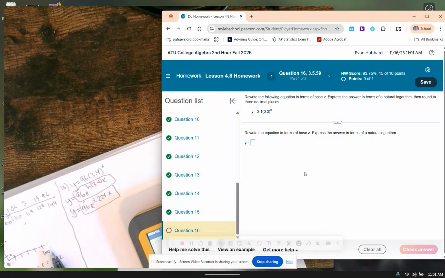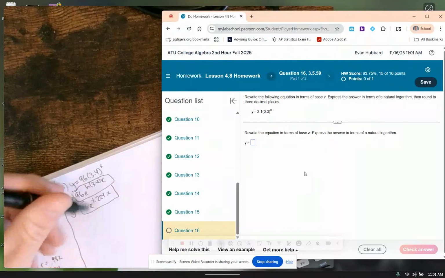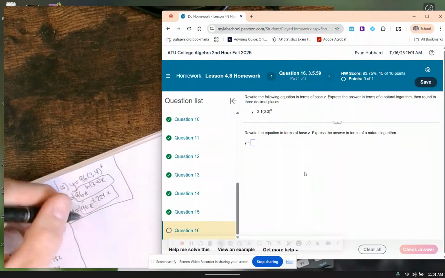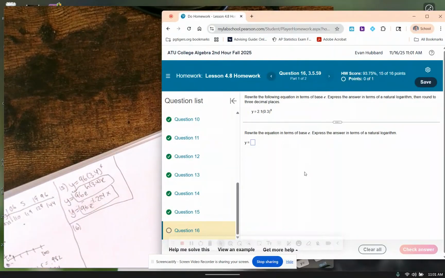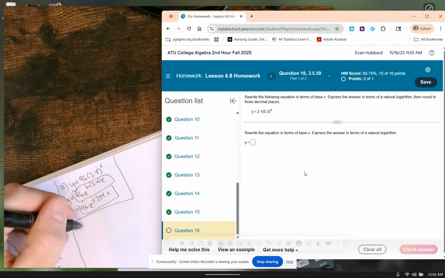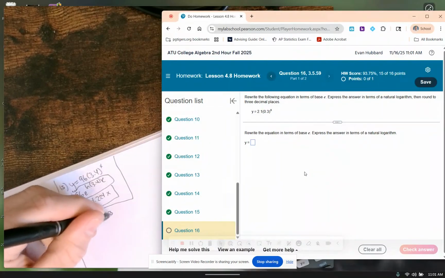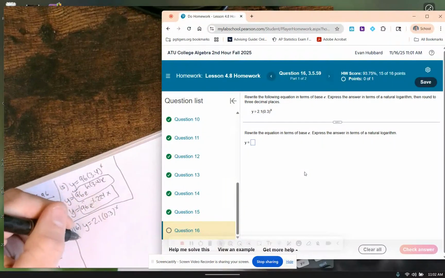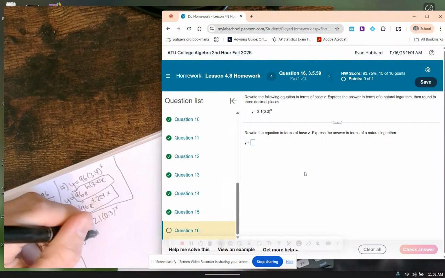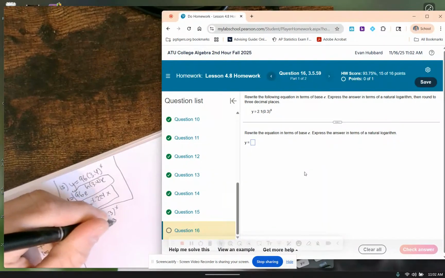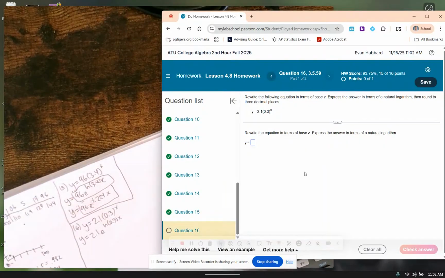Last one, rewrite this in terms of logarithms, and so it's a two-part. So you've got y equals 2.1 to the 0.3x. So I'm going to do y equals 2.1 e to the ln of 0.3x. So we're going to do it in terms of the natural logarithm.